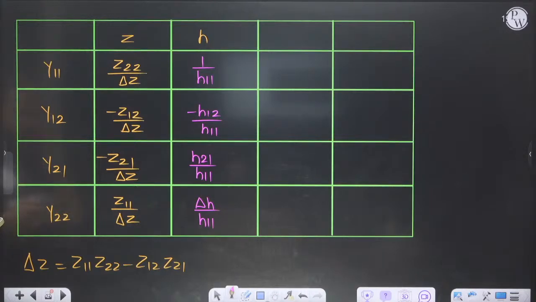So in terms of Y parameter, in terms of H parameter, it will be H12, H21 and H11. Yes, it is good, it is okay.